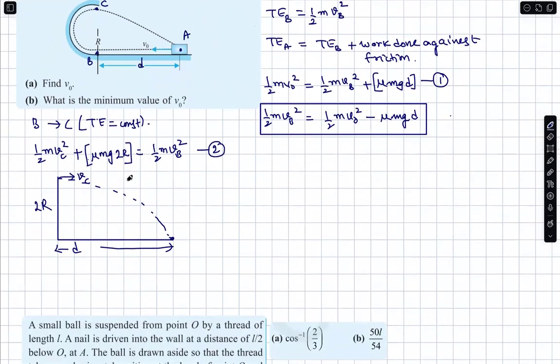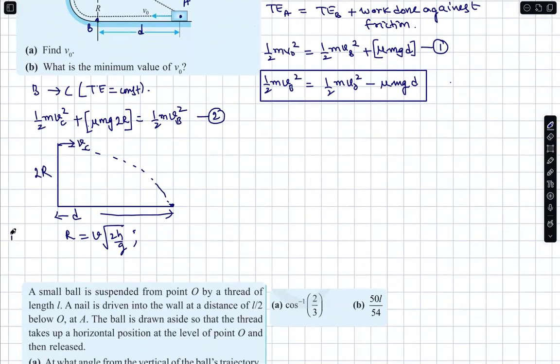From the kinematics point of view, it is a horizontal projectile. For a horizontal projectile, the range is v times root 2h by g.